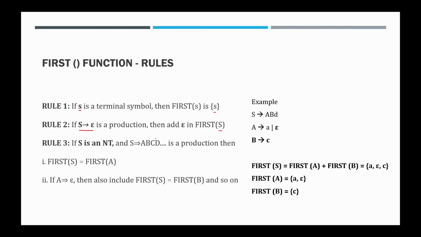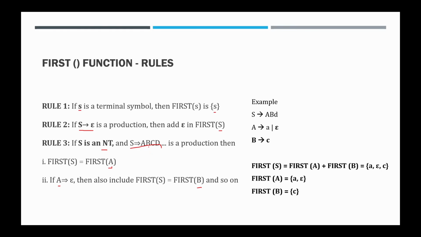Then if S is a non-terminal, like S tends to ABCD, meaning the first symbol on the right hand side is a non-terminal, then you write first of S equal to first of A. Followed by, if A is a non-terminal that tends to epsilon, then include first of B also.